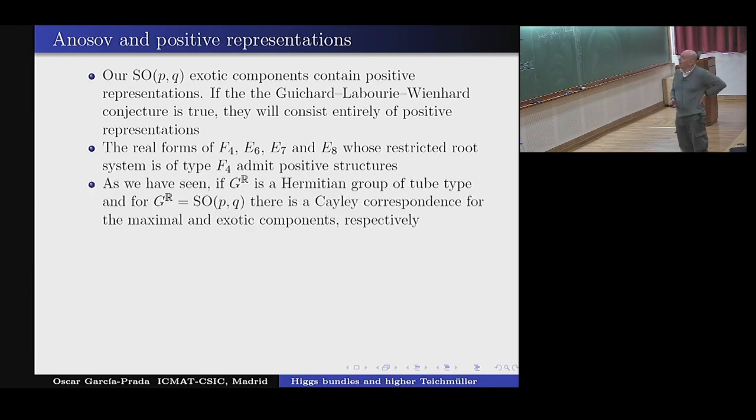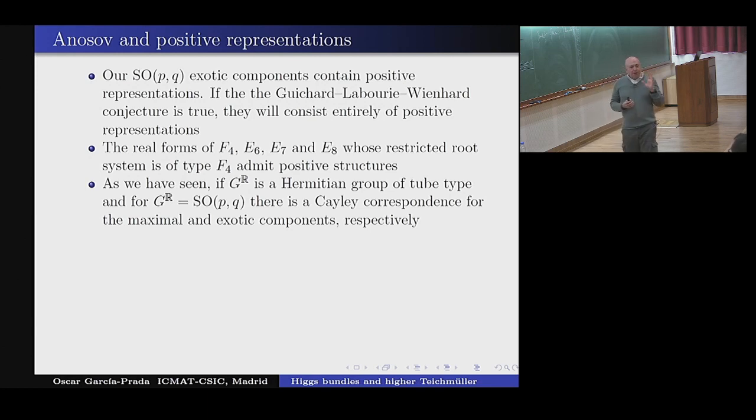And something that we have seen is that, from the point of view of dynamics and representations, Anosov and positivity seem to be the right conditions that distinguish these components.